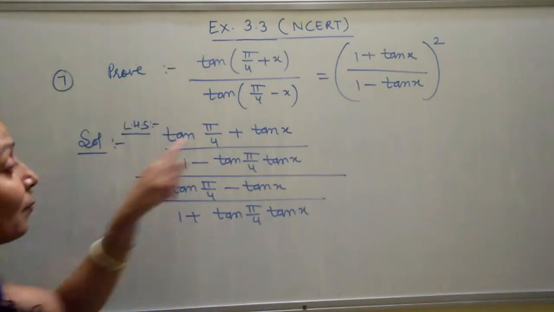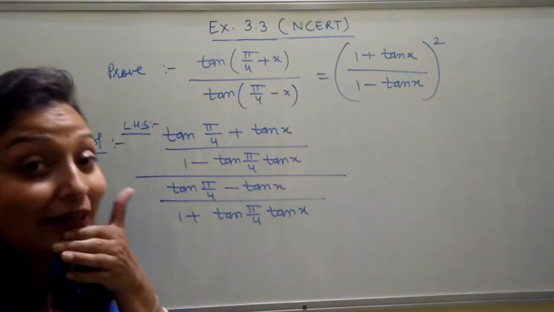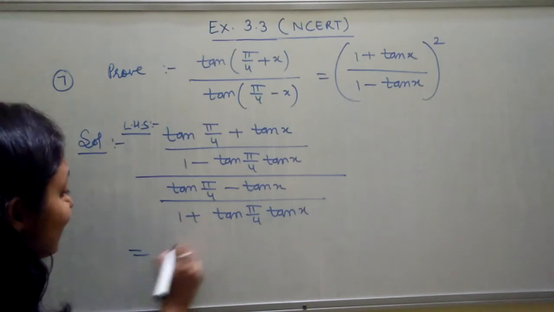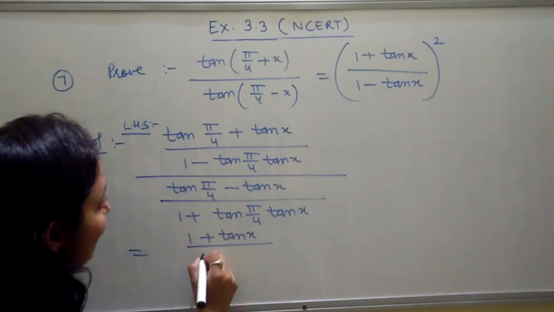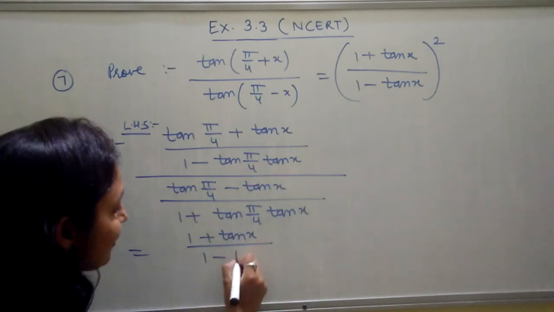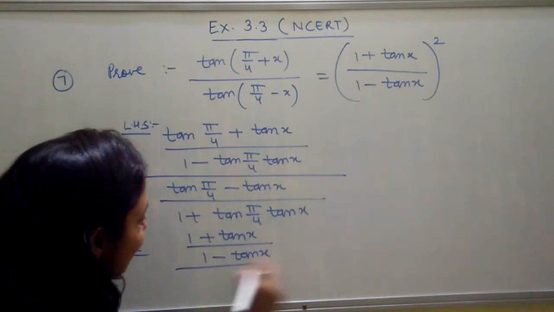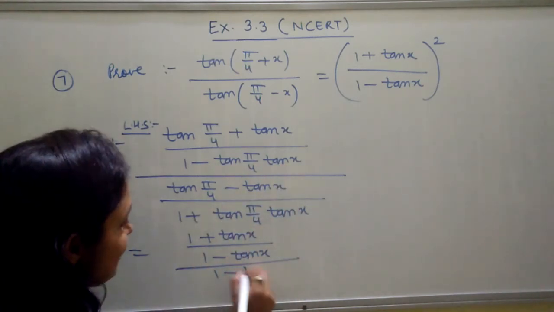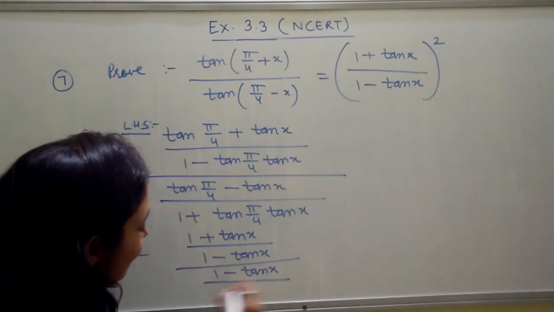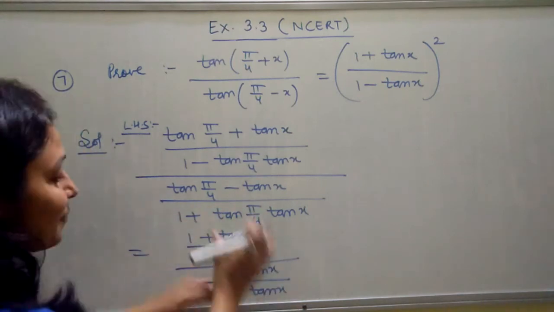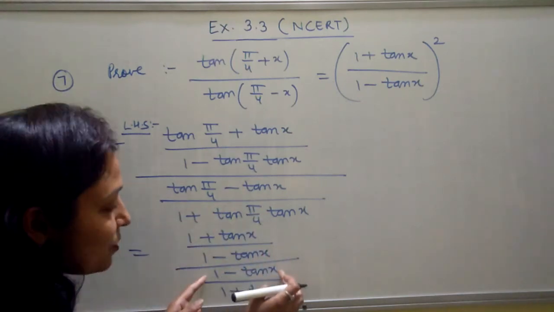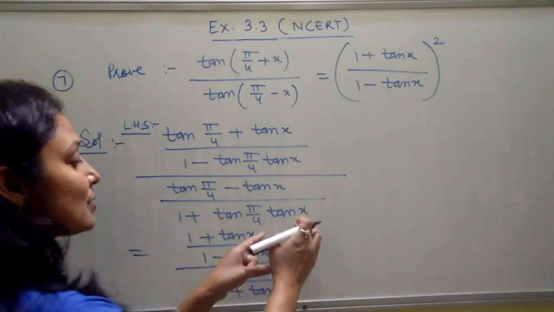Now I will put the value of pi/4, that is 45, tan 45 equals 1. So it equals (1 + tan x) upon (1 - 1 into tan x) divided by (1 - tan x) upon (1 + tan x). I will take the cross multiplication: this term comes down and this term goes upward.